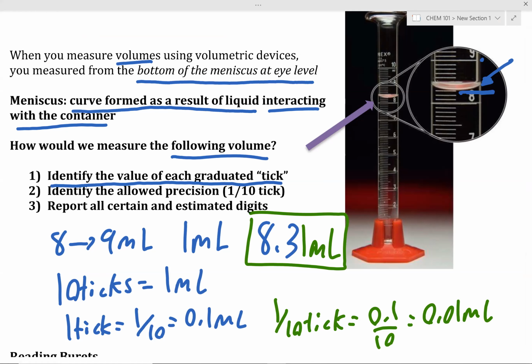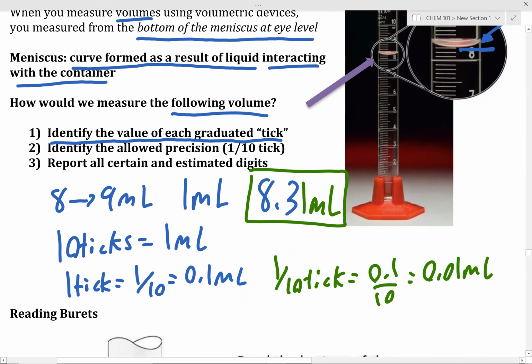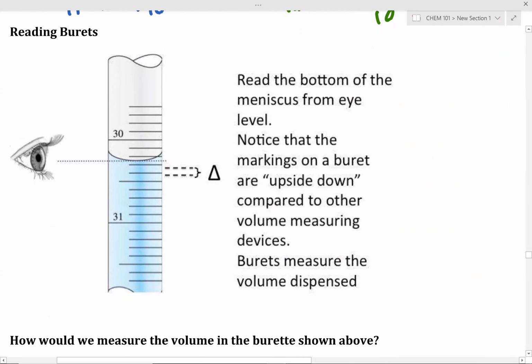You'll be doing this a lot and expect to see actual pictures from lab setups. Okay, let's talk next about reading burettes. Burettes are similar to graduated cylinders, except a key feature of burettes is that they measure the volume dispensed. You can think of a burette as an upside down graduated cylinder.